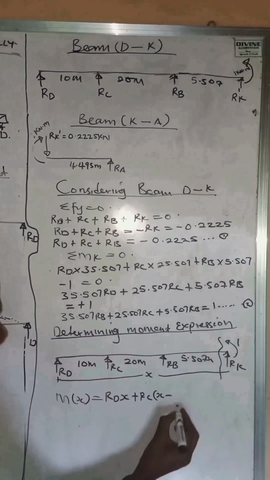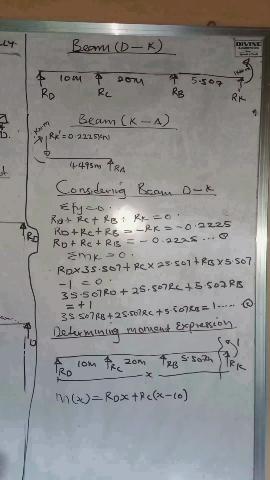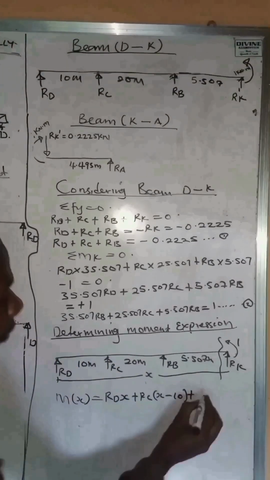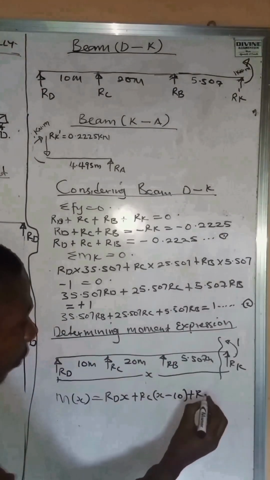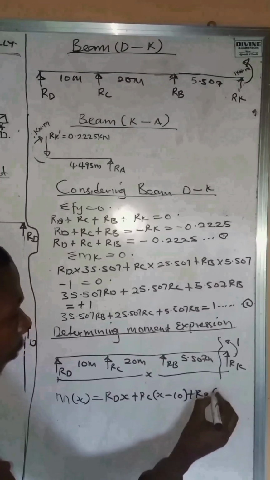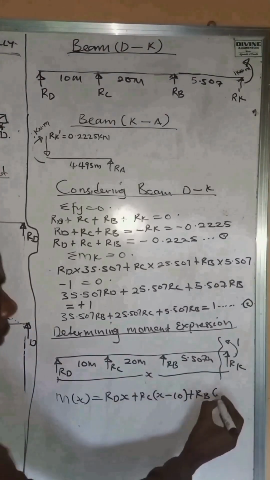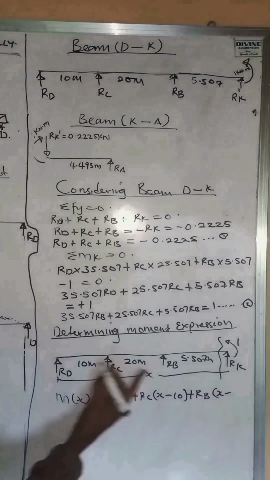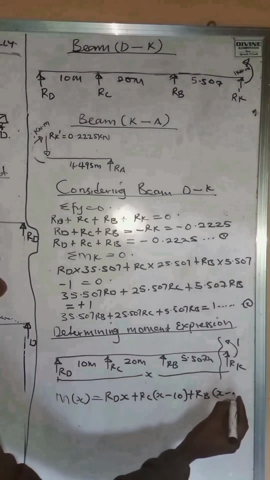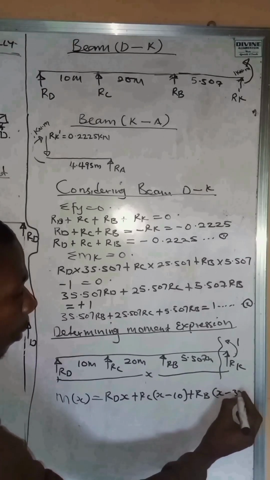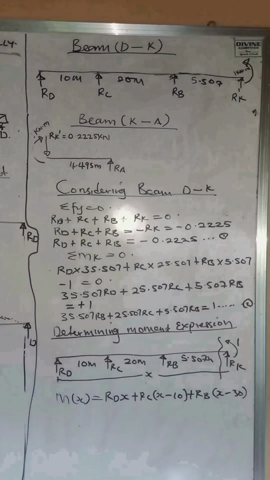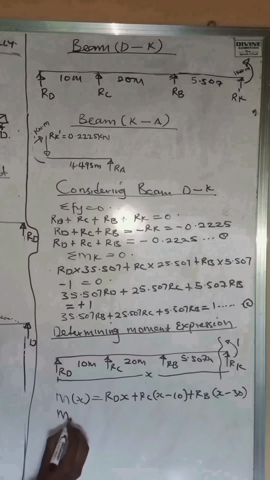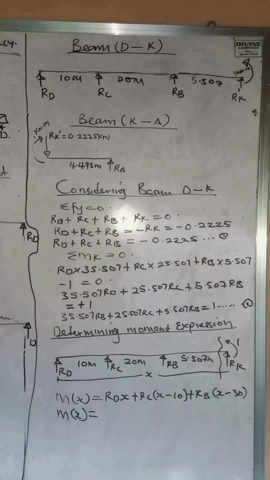So it becomes RC minus 10, plus RB minus 30. Minus 30. So there's a moment expression, taking a moment about any section along BK.